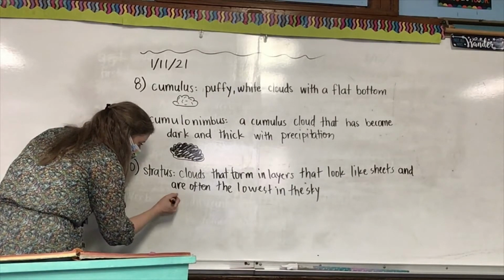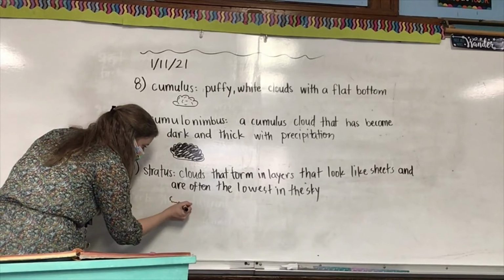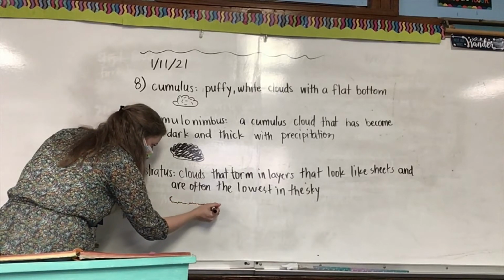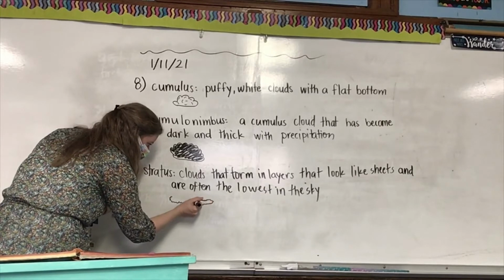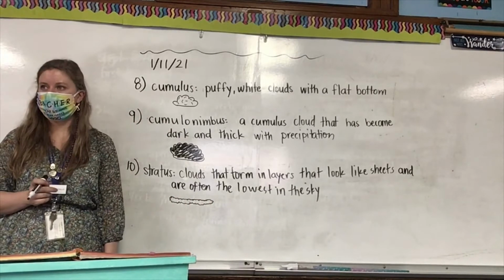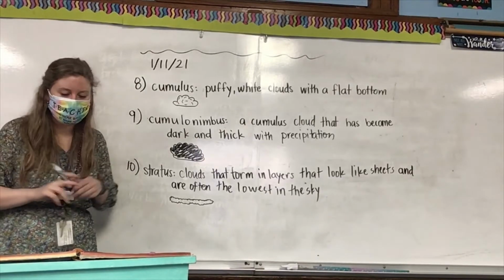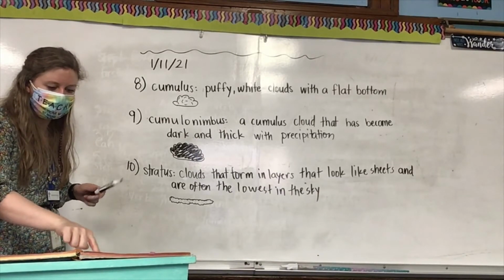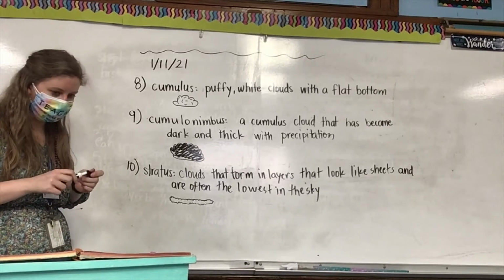They're long and flat. Kind of like that. They're usually the lowest in the sky. You can see a better picture on the bottom of page 328 in the middle.